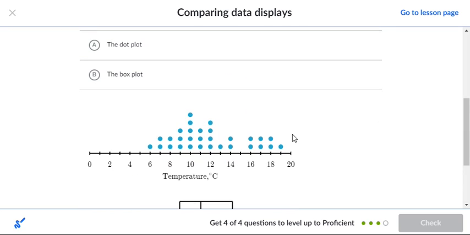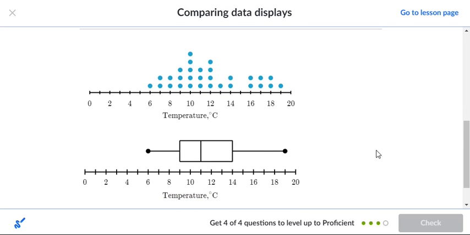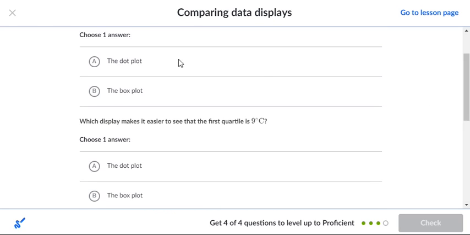Well, again, we can use the dot plot because right here is 15 and we can see all these dots, and that tells me how many days were above 15 degrees Celsius. That would be a better way to read it than using the box plot, because the dot plot is more detailed, giving you actual numbers.